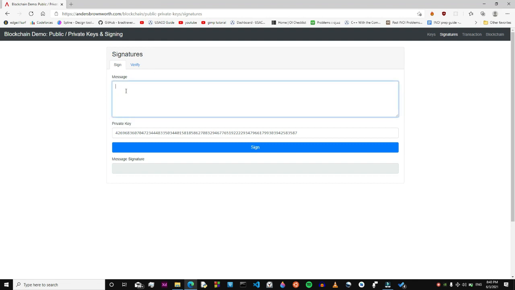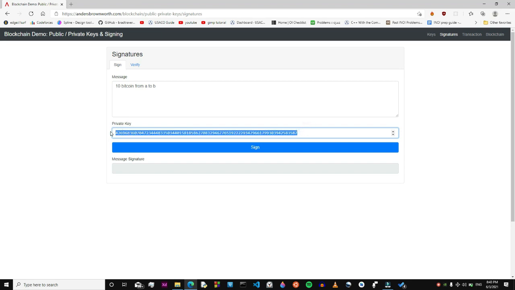So here we just write a message or our transaction. Let us say 10 Bitcoin from A to B, and since the person sending is A, this is the one who will be putting his private key.